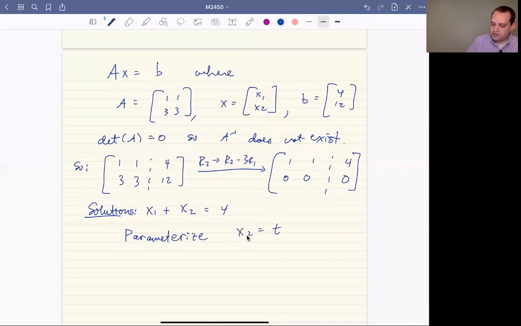Let's say x2 is t, and then x1 has to be 4 minus x2, or 4 minus t. So your solution is going to be all the values x, where x is equal to 4 minus t comma t for any real number t.